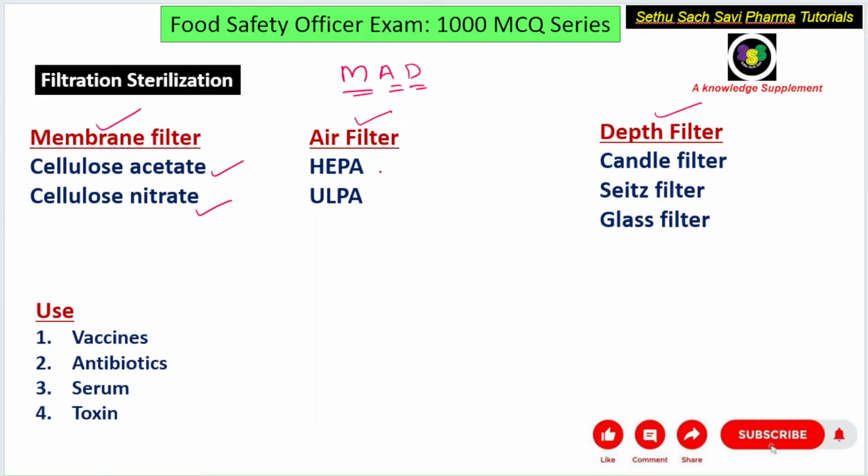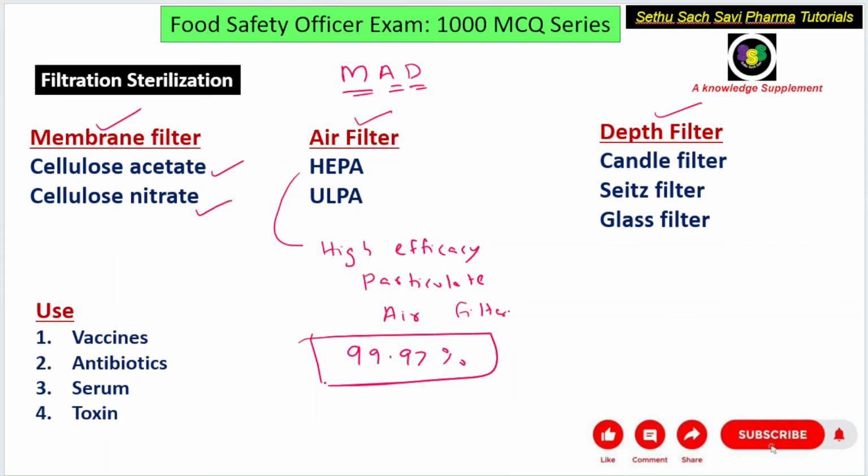Now, coming to the air filter, you know that HEPA. What is HEPA? HEPA is high efficiency particulate air filter. HEPA filters are a part of filtration sterilization. The efficiency of HEPA is 99.97%.